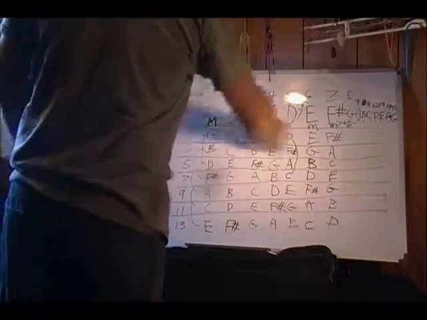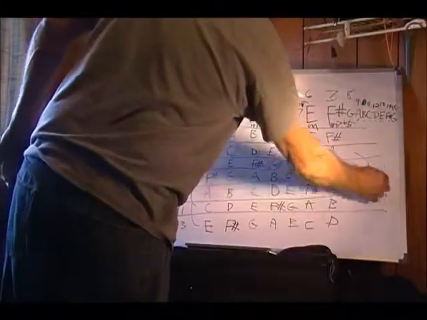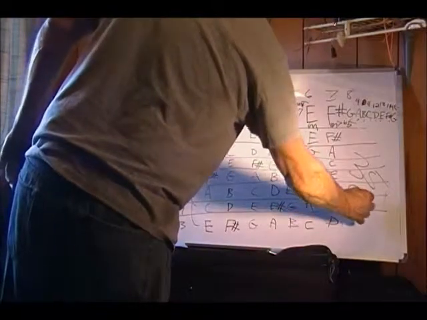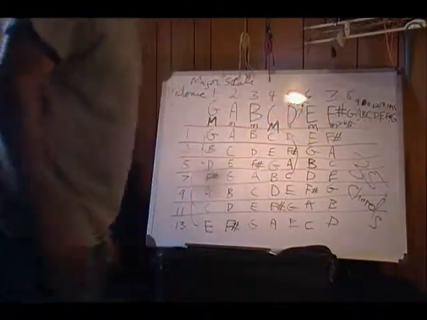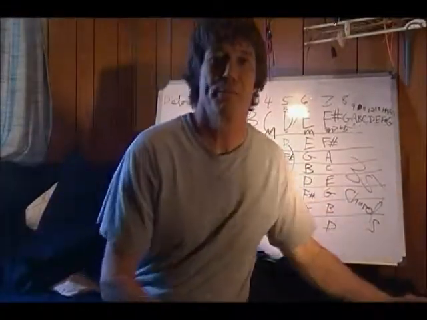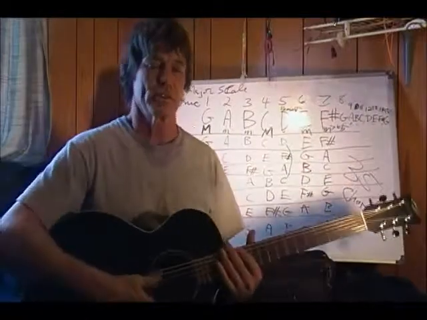How many rows do we have? 7. 7 times 5, you've got 35 chords. 35 chords here. And they're all diatonic. Why? Because they're built from these 7 notes.